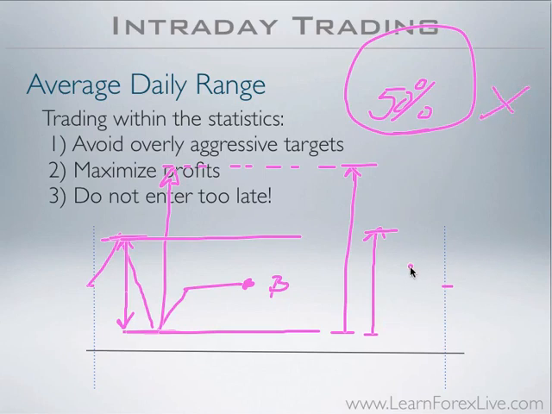How is that? Well, because by the time you take your entry, you want to have plenty of room to locate your profits around the average daily range and to make the trade worthwhile.